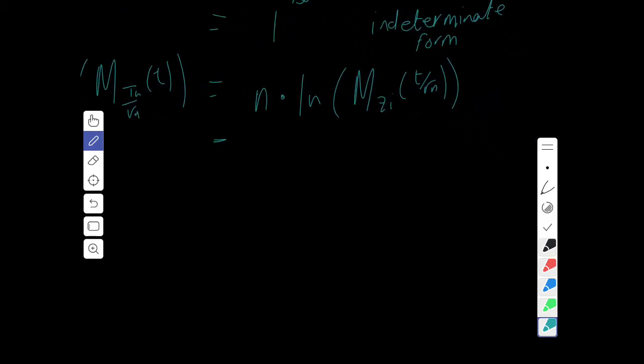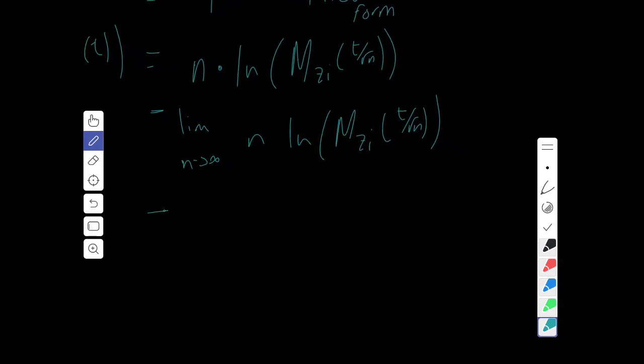So if we now take the limit as n goes to infinity of n ln M of Zi, t over root n, n is going to be infinity. Over here, remember that the argument still goes to 0, and the moment generating function evaluated at 0 is still 1.